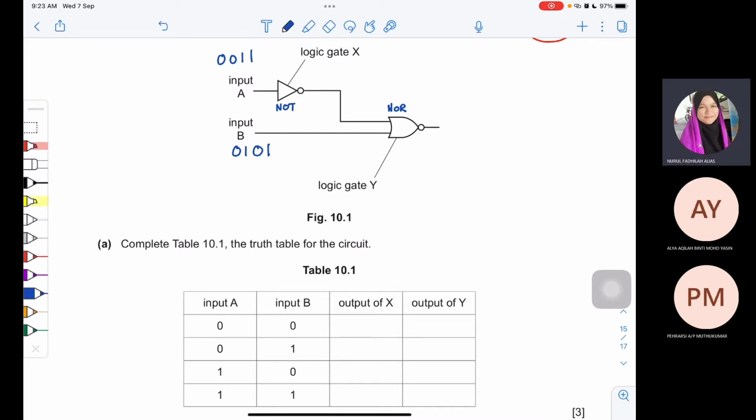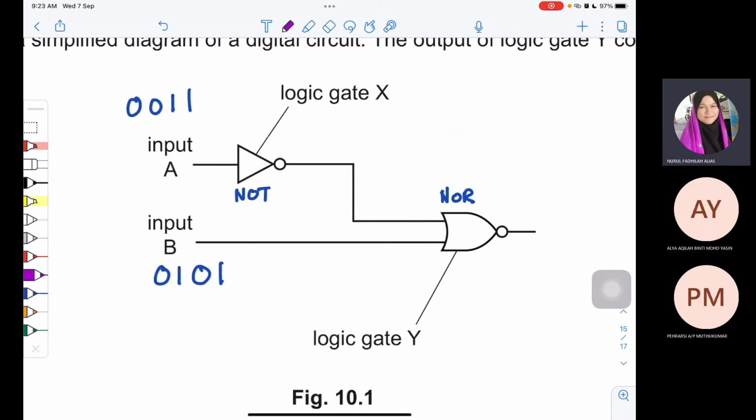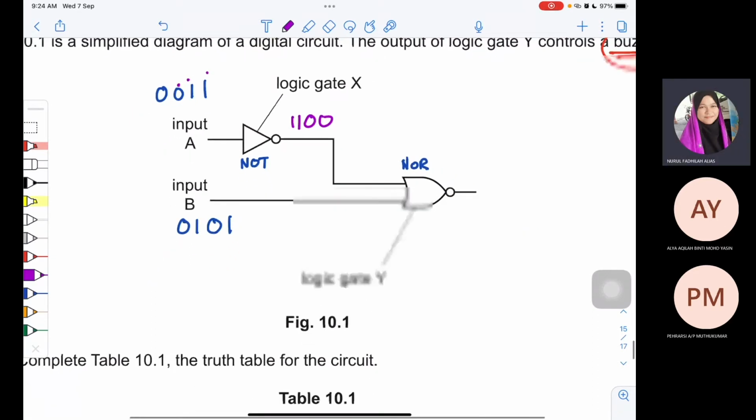Jadi, right. So let's do this. Okay, 0, 0, 1, 1. Okay, when you notkan dia, 0 becomes 1, 0, 1, 1, 0, 0. 0, 0. Okay, so here kita dapat tu. Okay, yang ni kita continue lah for this one. Kita continue sebab the same lagi.